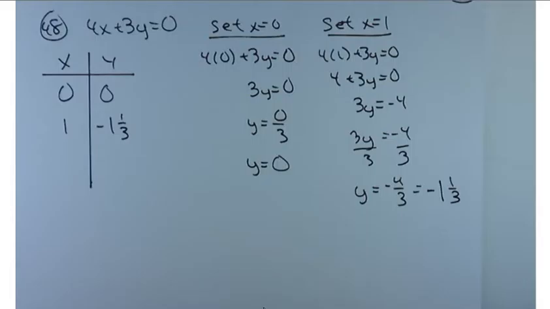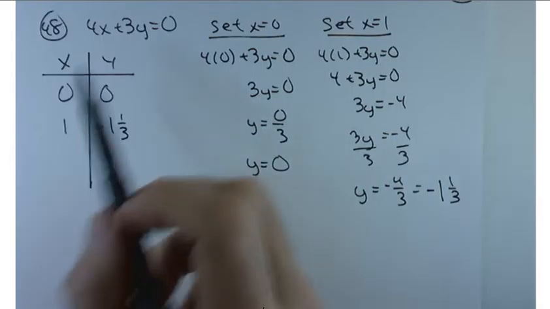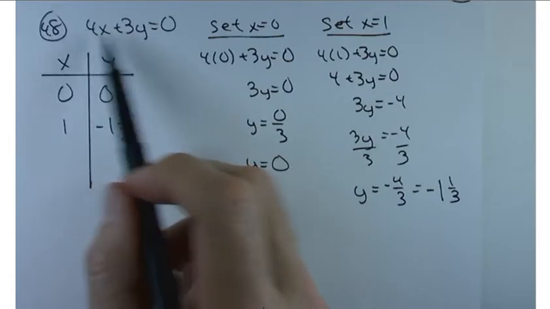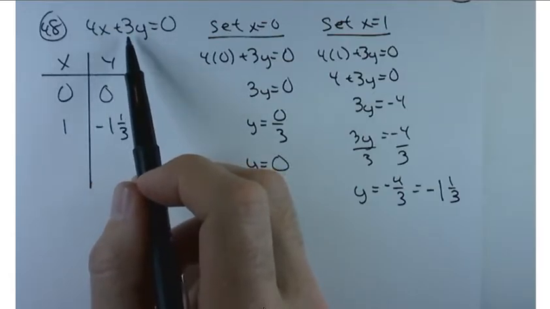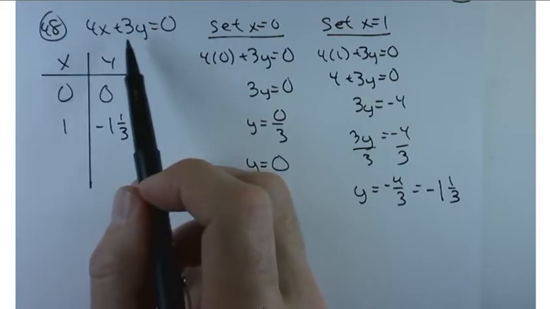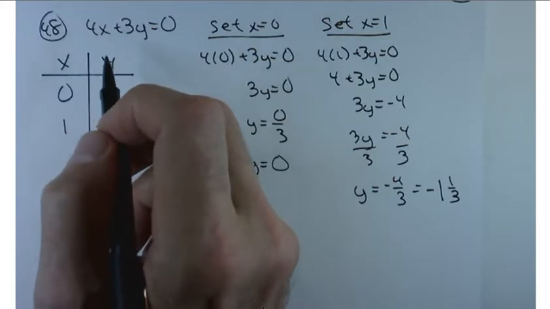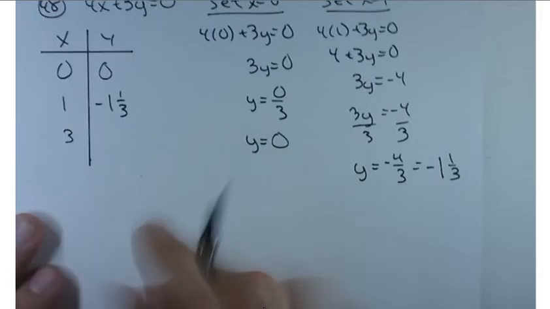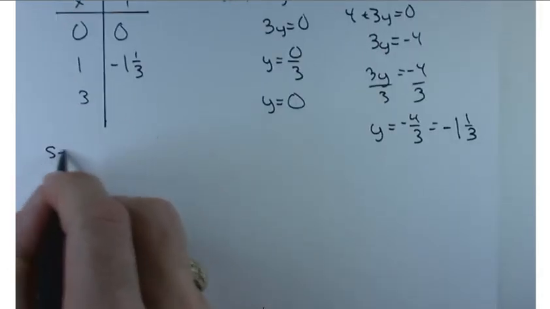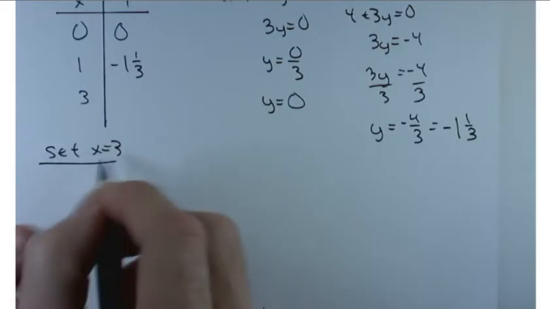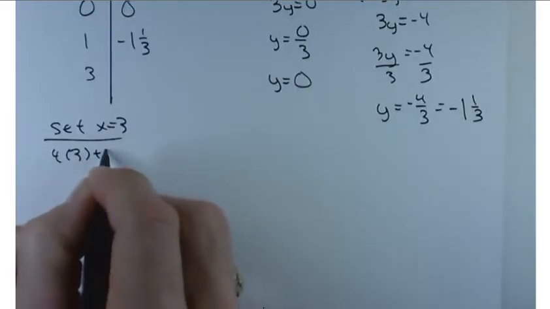All right, so we ended up with a fraction on that one. Sometimes you're just going to get stuck that way. But let's see if we can be clever about a value for x or y that we choose. When I choose something for x, it'd be nice if I get a number that's divisible by 3, because eventually when I solve, I'm going to have to divide by 3. So what if I just chose x equal 3? If I set x equal 3, I get 4 times 3 plus 3y equals 0.